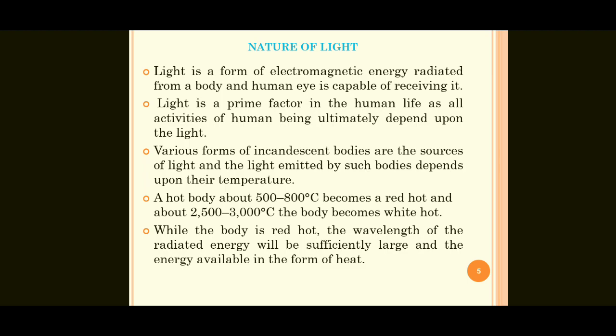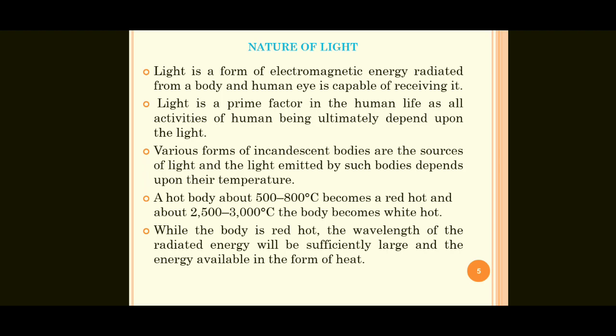While the body is red hot, the wavelength of the radiated energy is sufficiently large, and the energy is available in the form of heat.